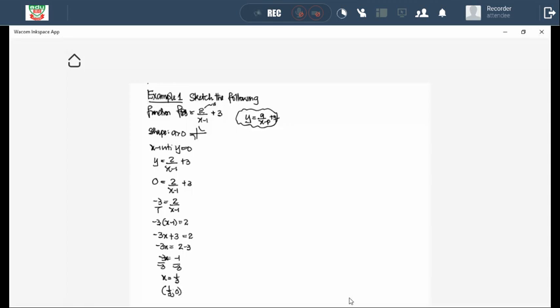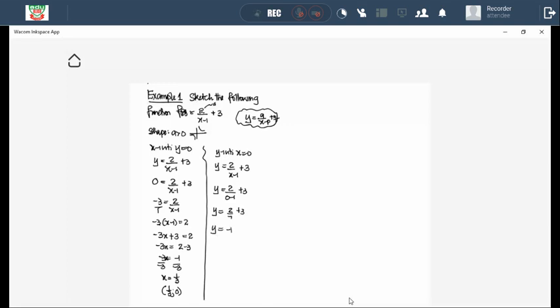Okay, from there, let's come up with the y-intercept. Y-intercept, x is equal to 0. If x is 0, I'm going to go back to my expression, which is 2 over x minus 1 plus 3. But x is 0, so y equals 2 all over 0 minus 1 plus 3, which is y is equal to 2 all over negative 1 plus 3.